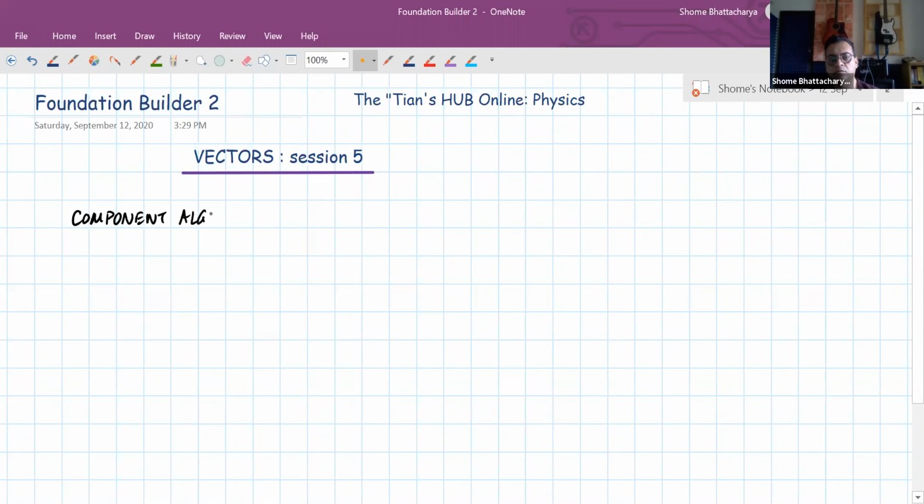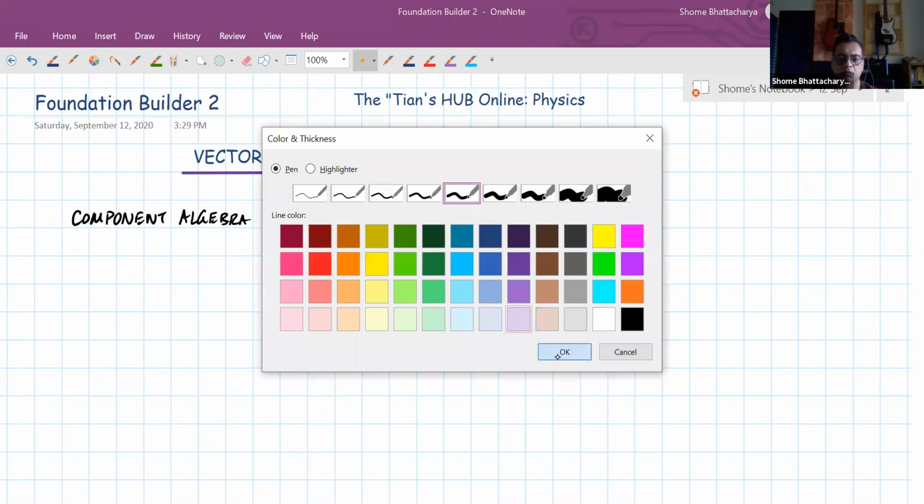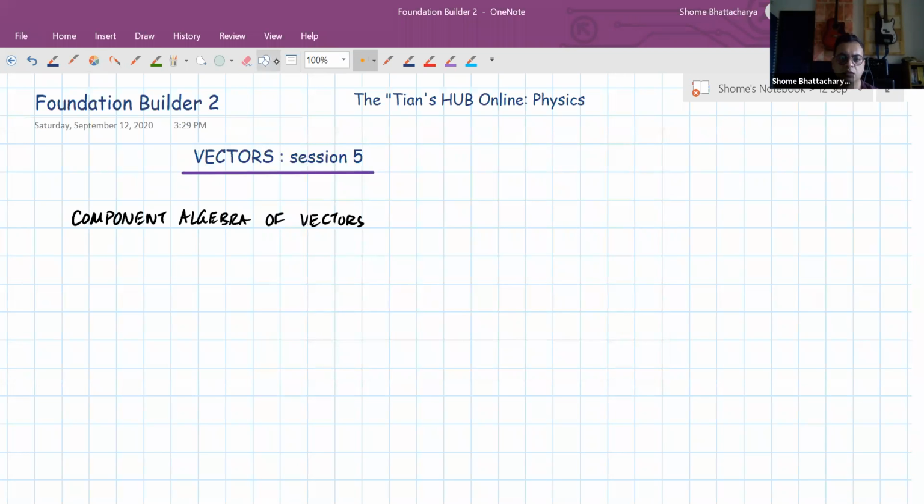So we'll start with the component algebra of vectors. That is how to do vector operations but using the components method from this point onwards. Okay.